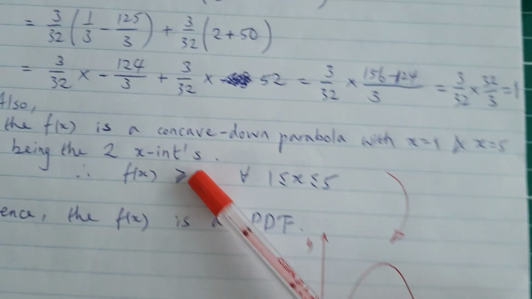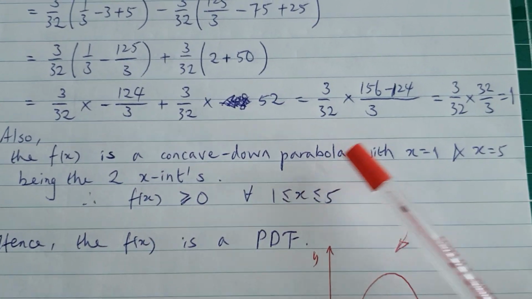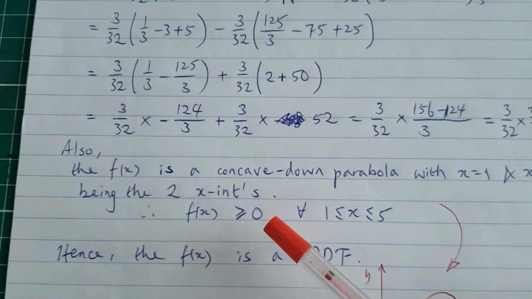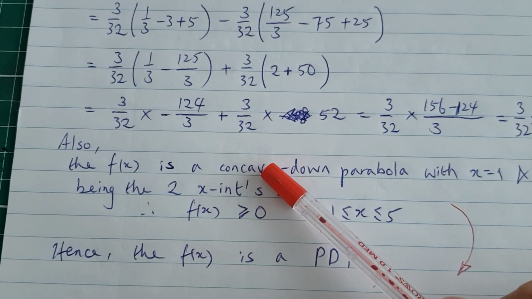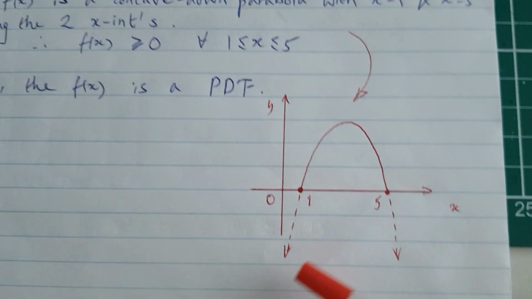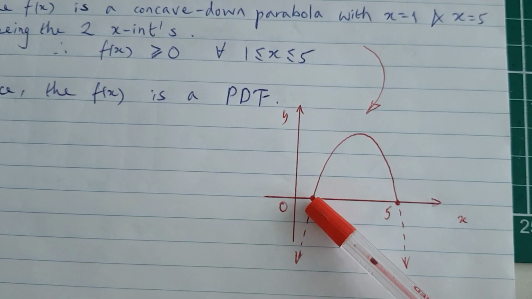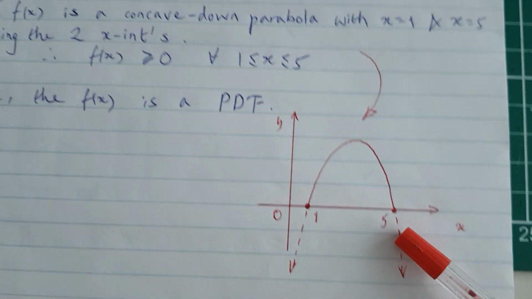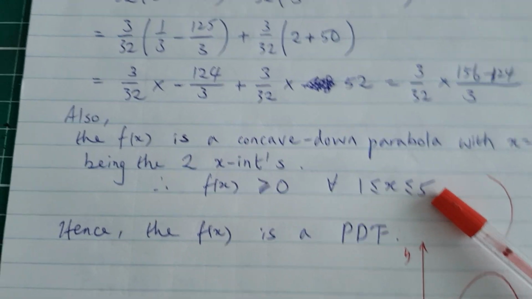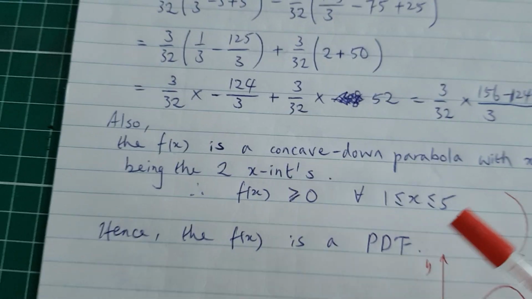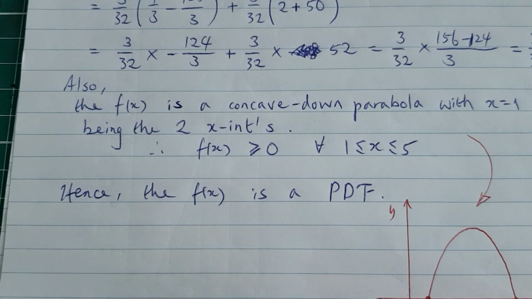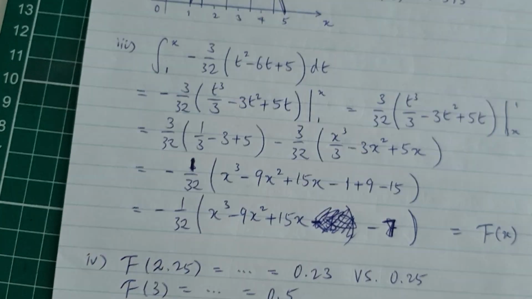So it's concave down, at least in that domain between 1 and 5, which happen to be the two x-intercepts for that parabola, which should look something like this. So at least in that domain between 1 and 5, it's positive. Therefore, the second condition of the PDF is satisfied. Hence, this proposed little fx is actually a PDF.